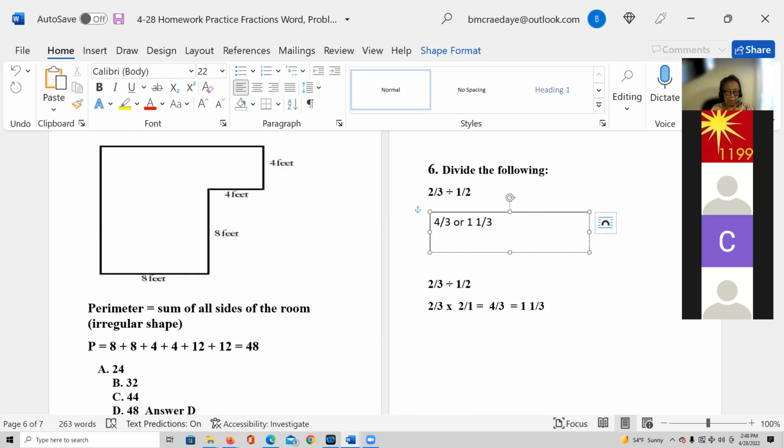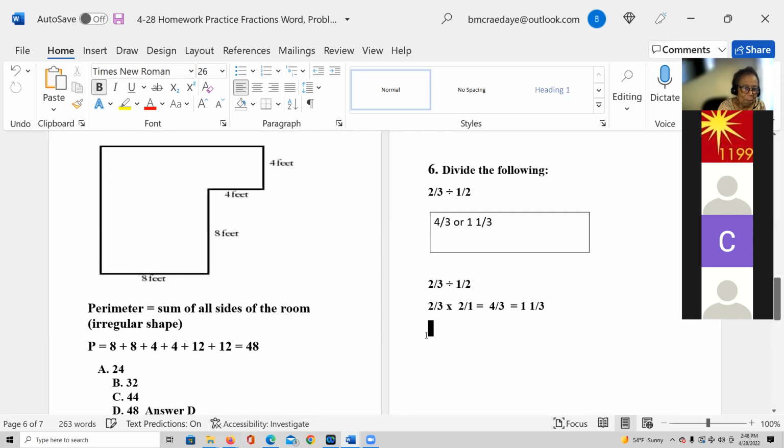So that's good now, because Mercedes, before you had a problem with that. Now you understand it. That's excellent. Just remember your key: division becomes multiplication.